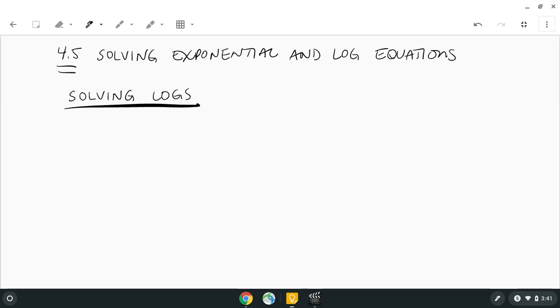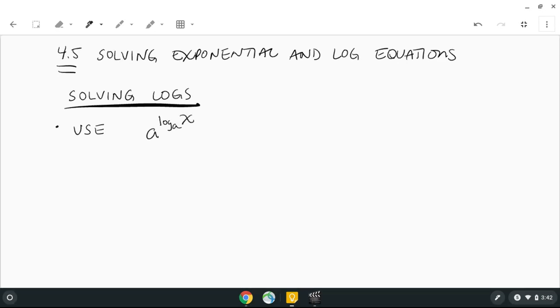What we're going to be using is that one particular property of logs, the ones that were kind of intuitive, but then there was one that wasn't quite. So we're going to be using this one: the fact that if you have a to the log base a, right?